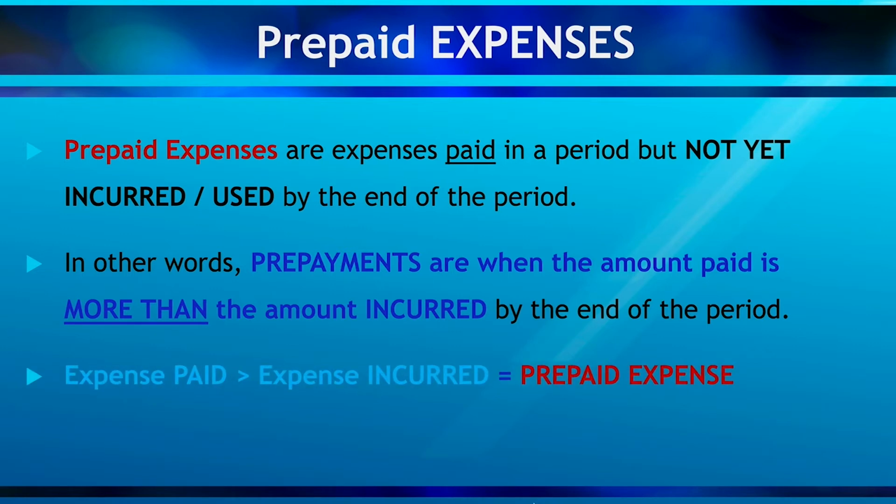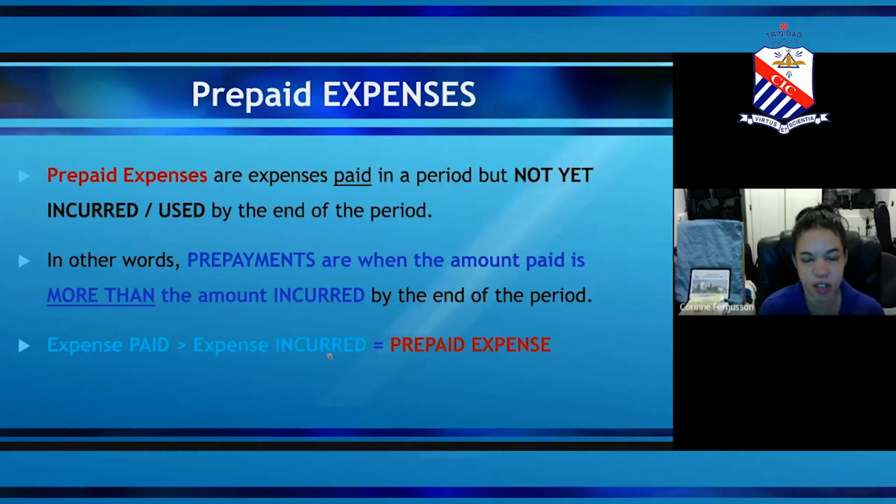The amount paid is greater than the amount incurred. For your accrued, if you remember, the amount paid was less, so you still had owing or accrued. In this case, the amount paid is more than you were supposed to pay because of what was incurred, which means that basically you paid in advance.